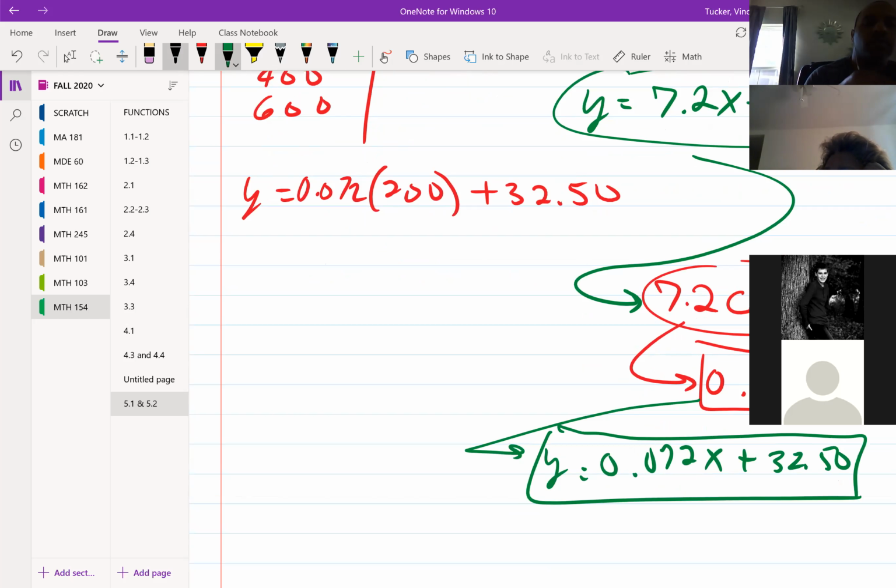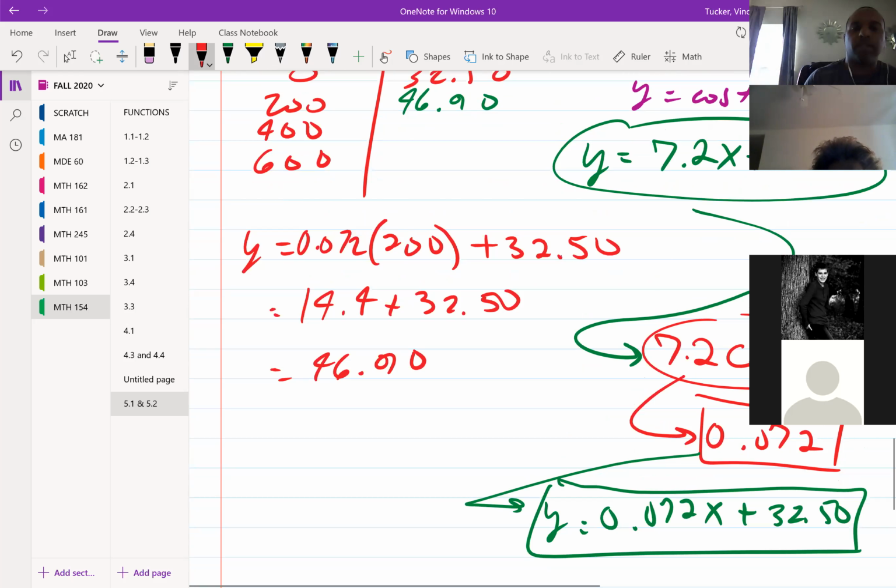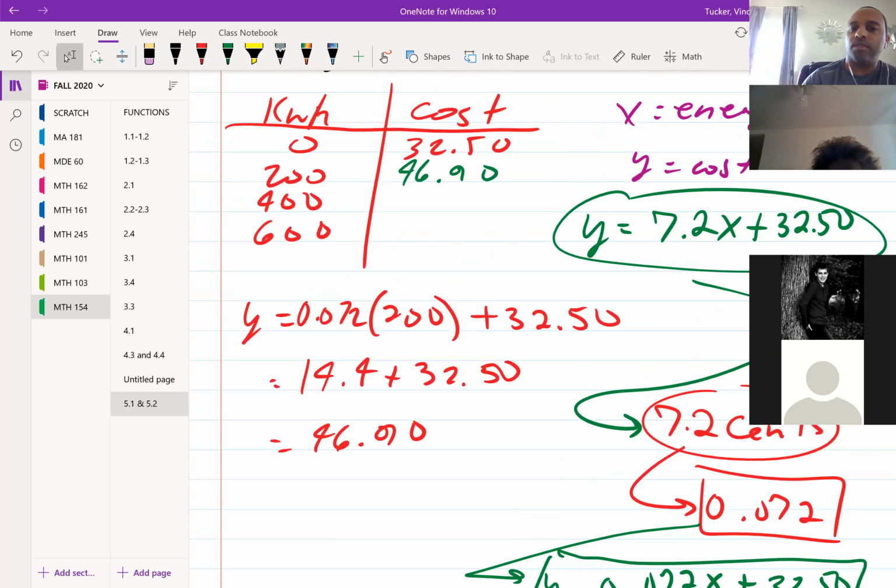And if I do this math, 0.072 times 200 is 14.4, and that gives 46.90. You would do that same thing for the 400 and the 600.